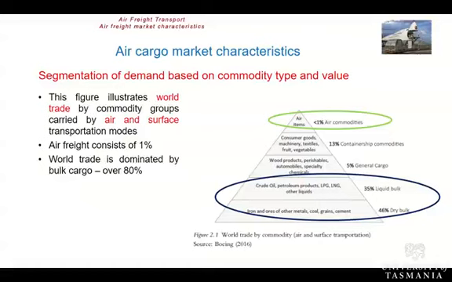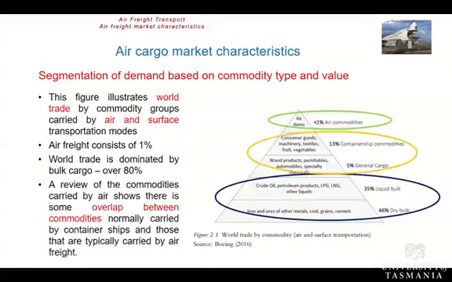Bulk cargo is moved on container ships. However, there is a middle ground where air cargo gets additional volumes of goods depending on whether the situation is, I suppose, viable to carry that air cargo.